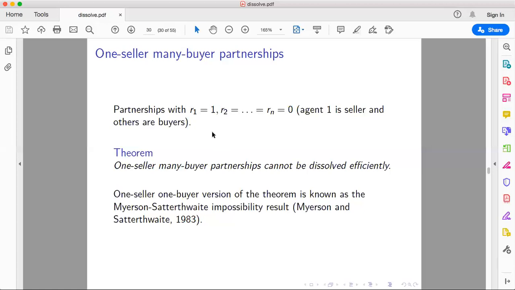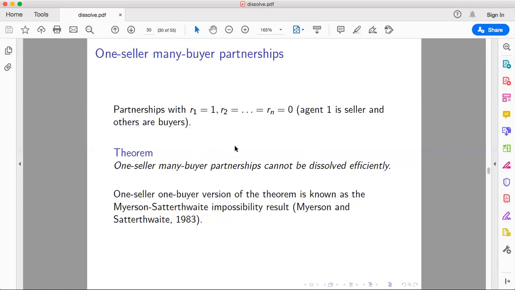These are partnerships where there is exactly one agent who has the entire share and everybody else has zero share. So you should look at those agents who have zero share as buyers, and the agent who has the entire share is the seller. The result says that such partnerships cannot be dissolved efficiently.